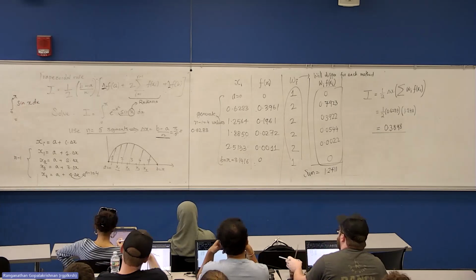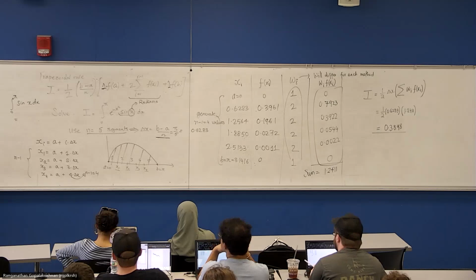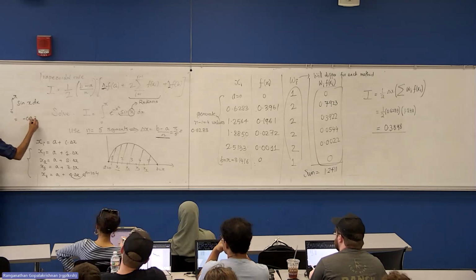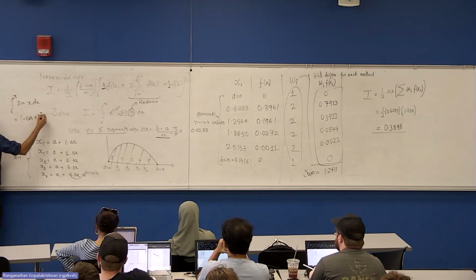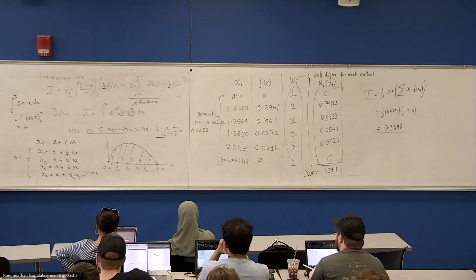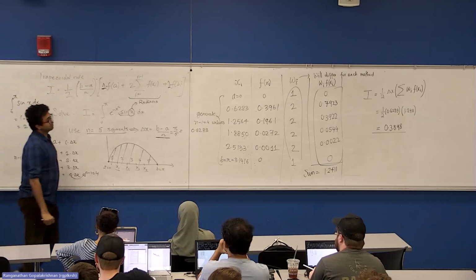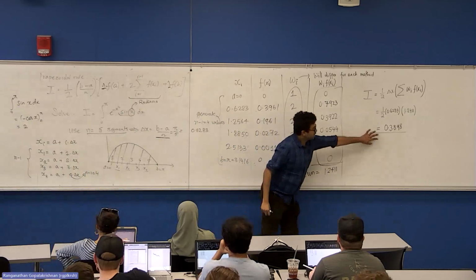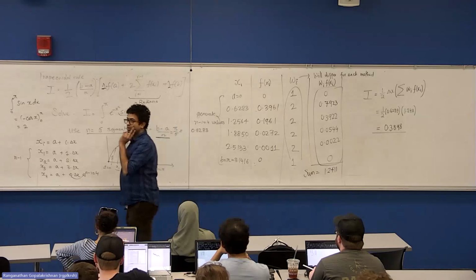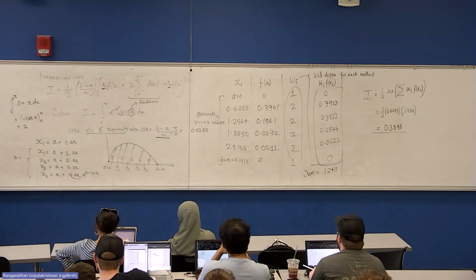And what's the value of that? Minus cos x from 0 to pi, which will give us 2. So what we have here is 0.38. So this is the easy part.